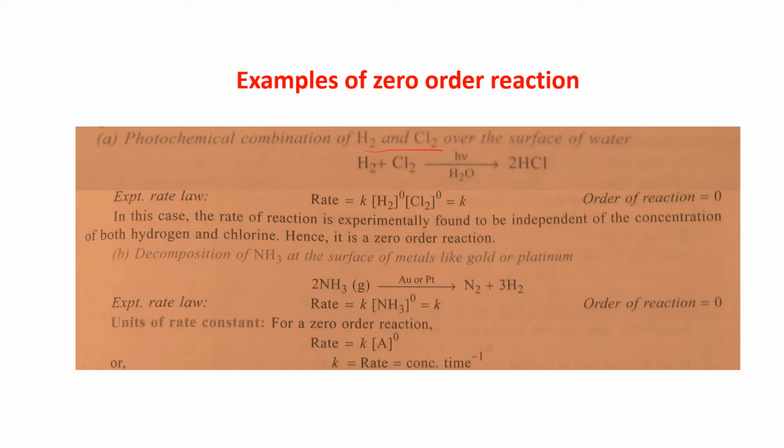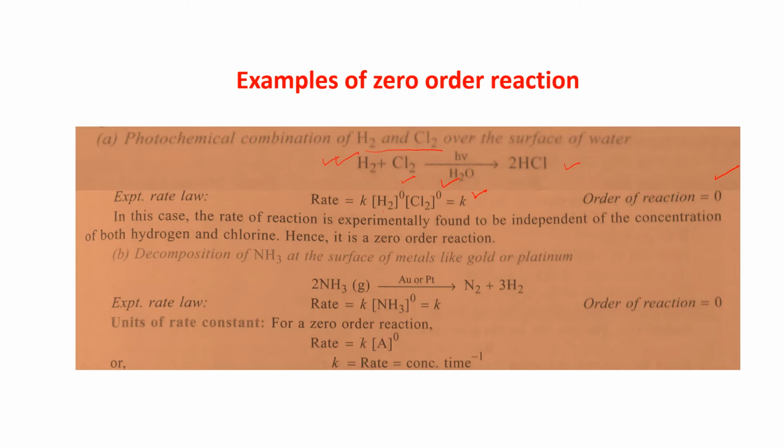It is giving you 2HCl. The experimental rate law for this particular reaction is rate proportional to k, concentration of H2 to the power 0 as well as concentration of Cl2 to the power 0, which is equal to k. So the overall order of reaction is 0.